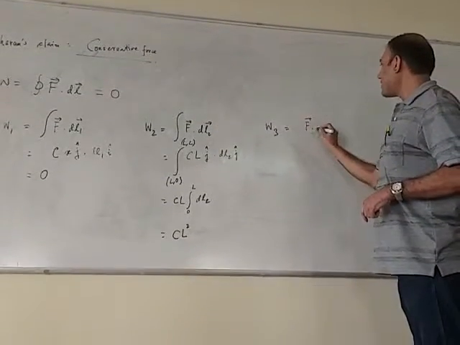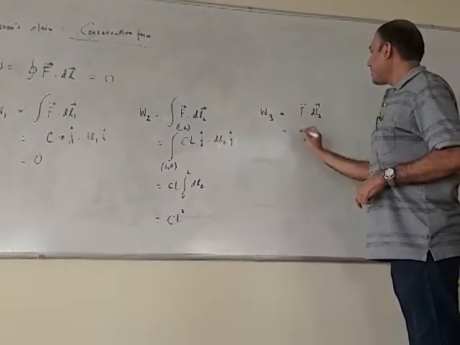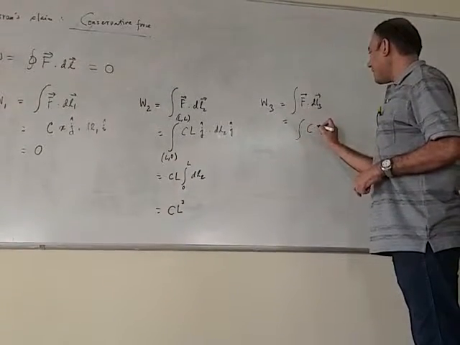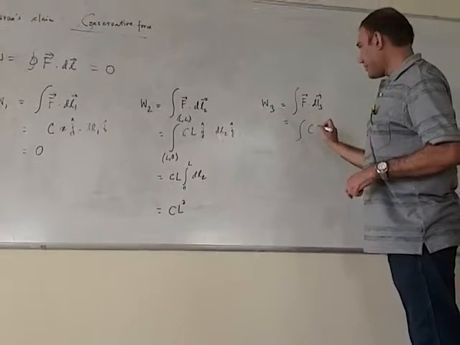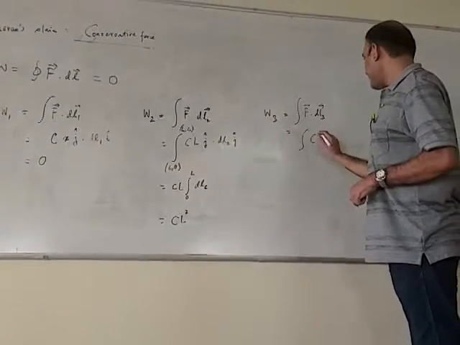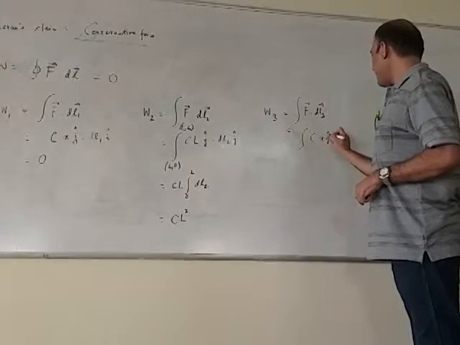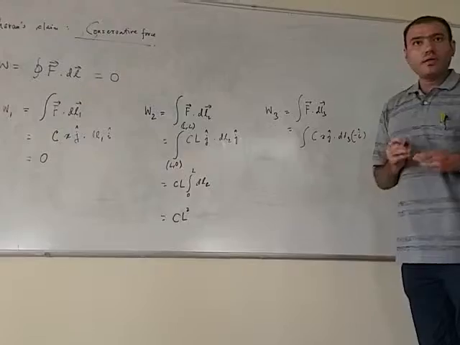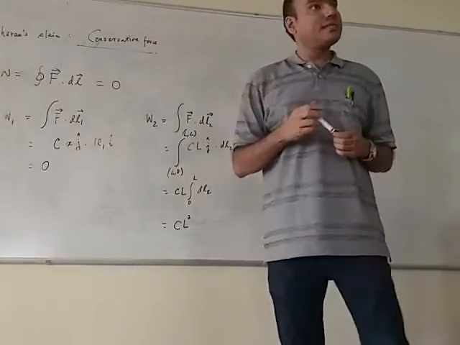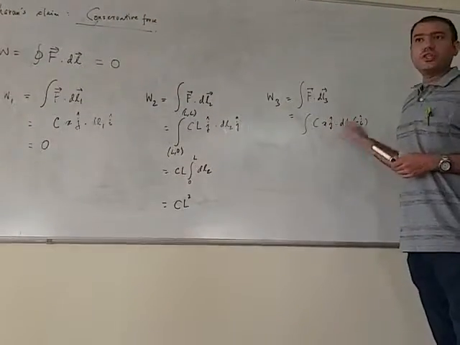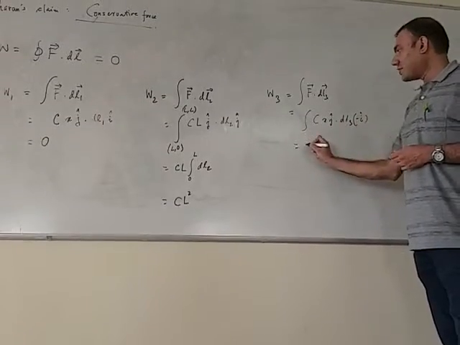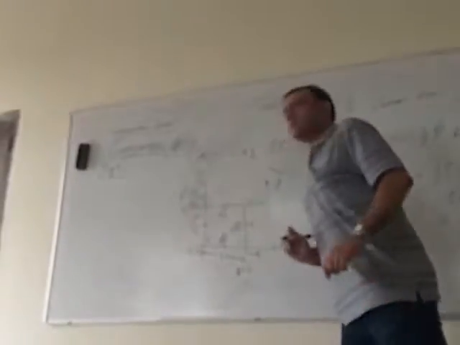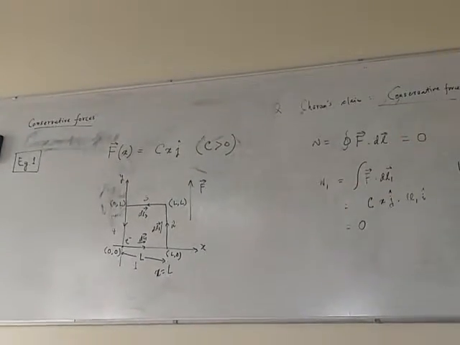It's the integral of f dot dl3, but f is c times x j cap, dot dl3, minus i cap, because you are moving along the minus x-axis. But again, j dot i is 0. So this will again vanish. So for the third leg as well, similar to the first one, the work done is 0.